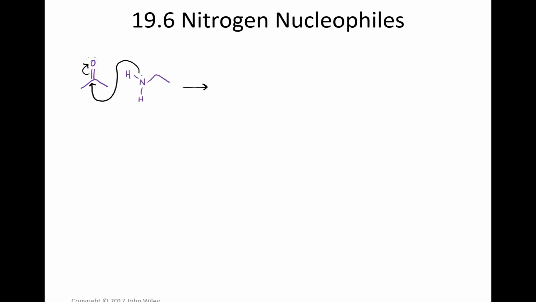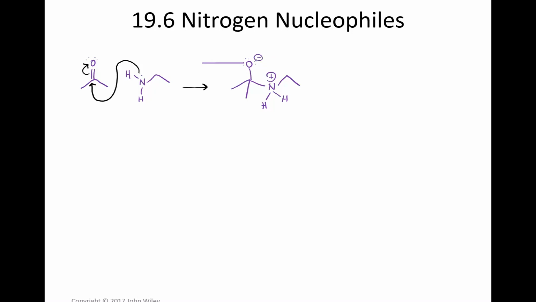So let's see what that would look like. So initially we would get this intermediate with two charges. So we have a negatively charged oxygen and a positively charged nitrogen.